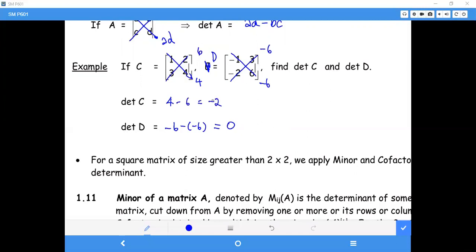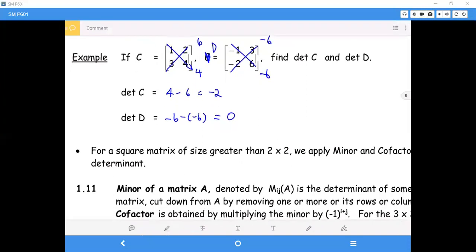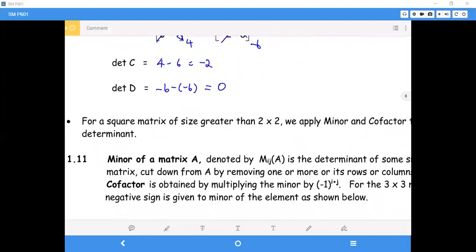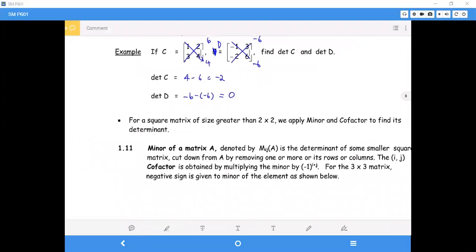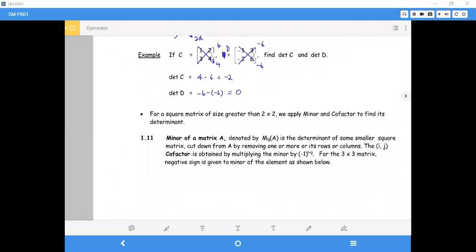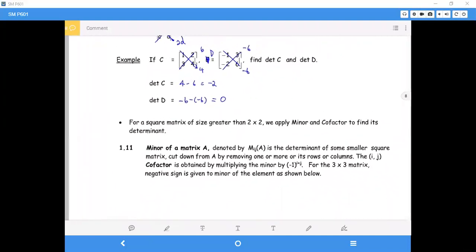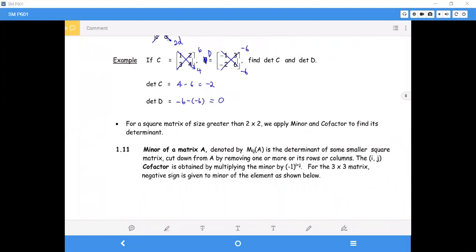But if the determinant is any non-zero value, it has the inverse. So C has the inverse. Okay, C has the inverse. So the next topic is minor. It's quite easy. And then cofactor, it's also easy.